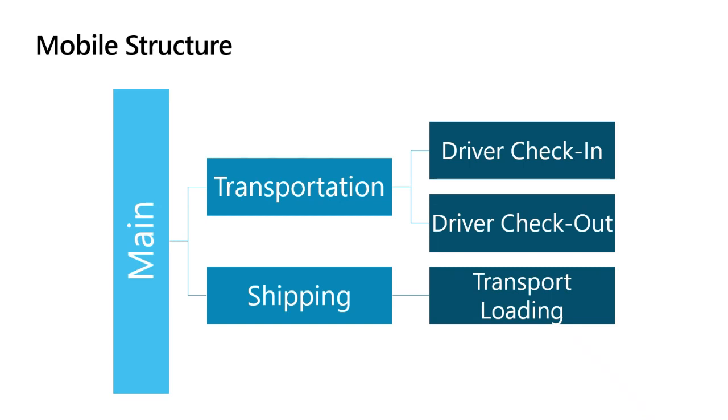If they drill into the transportation menu item, you can see that they've got driver check-in and driver checkout options. If they would instead choose to do a shipping operation, they may be doing something like transport loading, which is kind of a dock management operation. So that's just one example of what those menus and menu items might look like in a transportation management scenario.